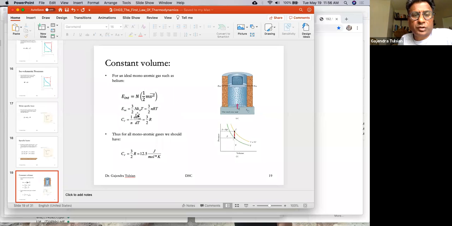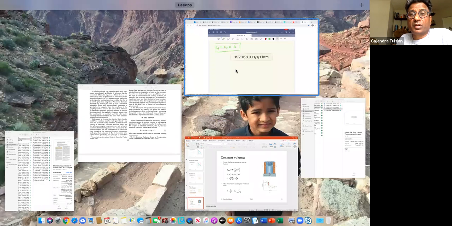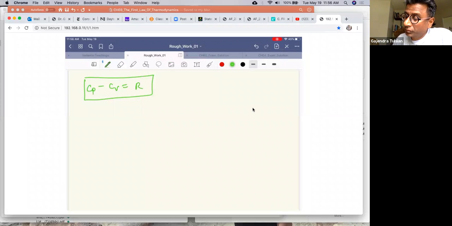We sort of showed this in the last chapter, but let's do it again. Now we'll do a general calculation. Let's say each molecule has F degrees of freedom.